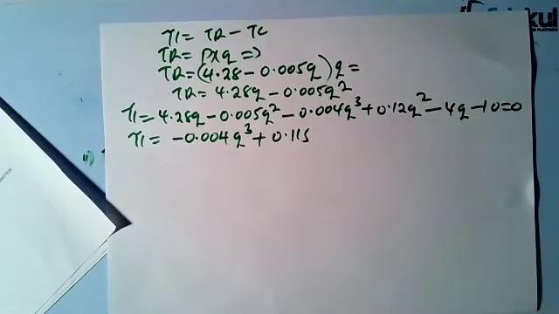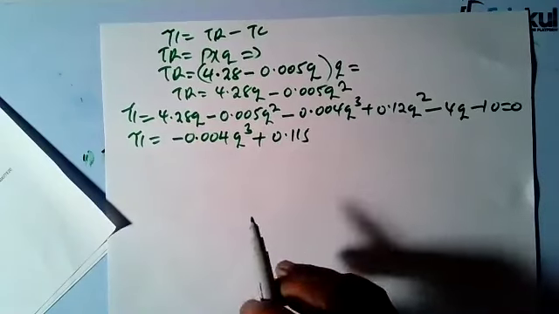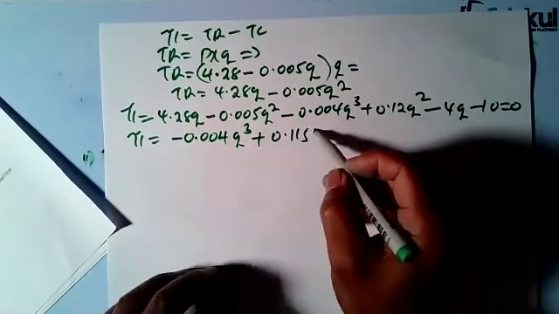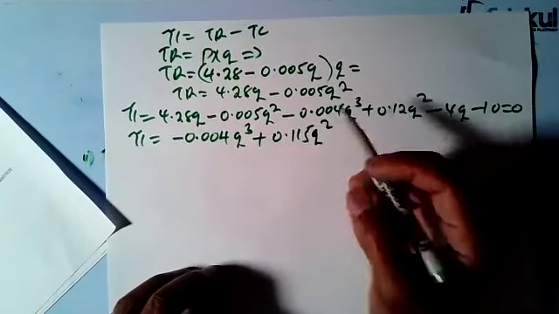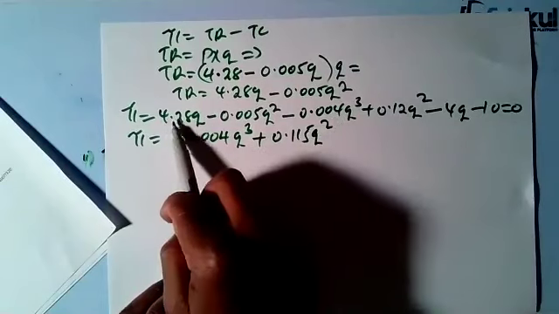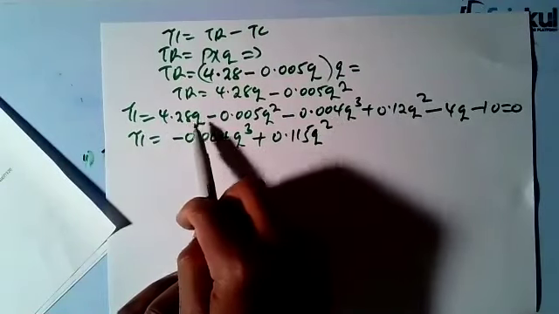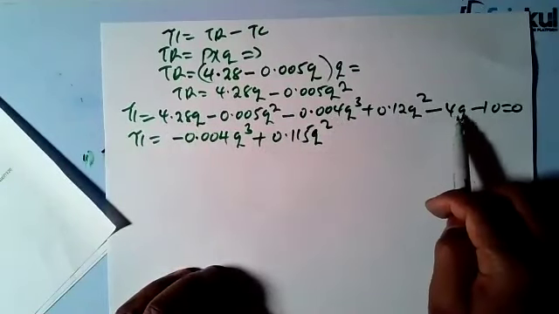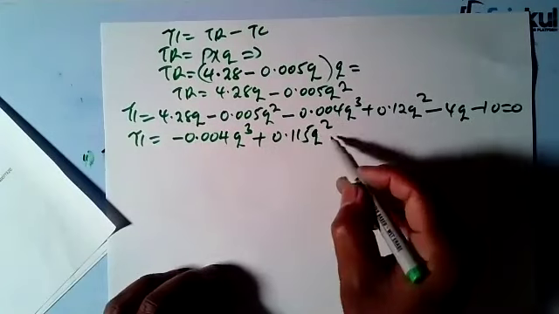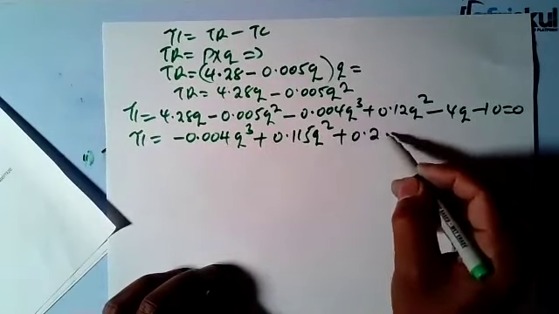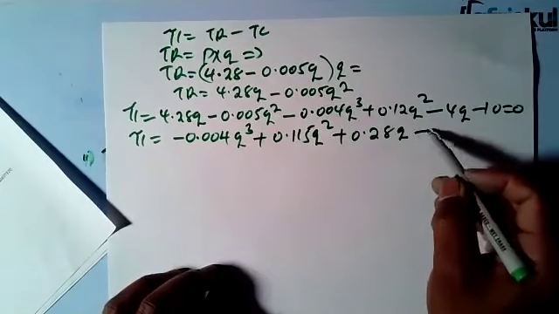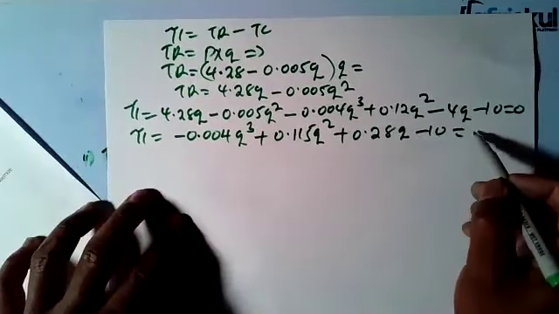Is that the case? Yeah, Q squared. Then we have 4.28Q minus 4Q. So you get positive 0.28Q minus 10 equals 0.